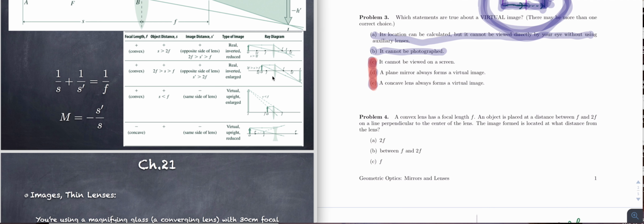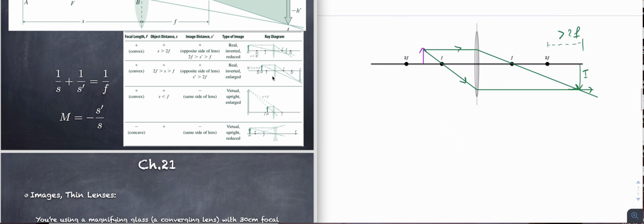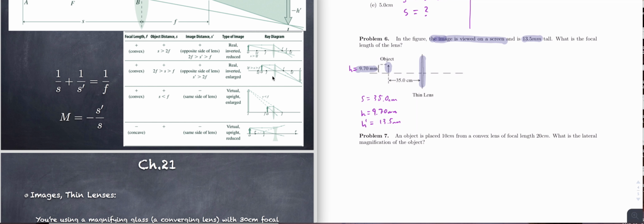It cannot be viewed on a screen. So in this scenario, it is being viewed on a screen, so it can't be virtual. And you see here, this is the virtual case where I have magnification upright. But if it's not virtual, it's real, that eliminates the only possibility for it to be right here, which means that it's inverted. So if it's inverted, H prime is minus.